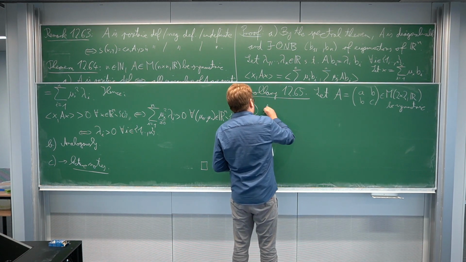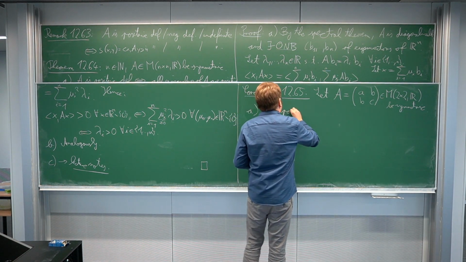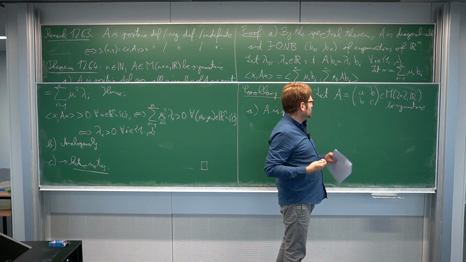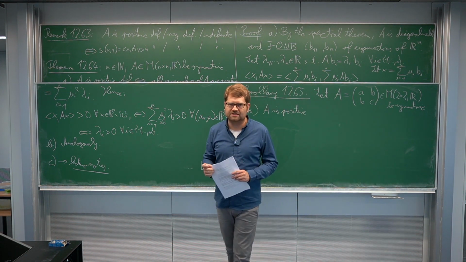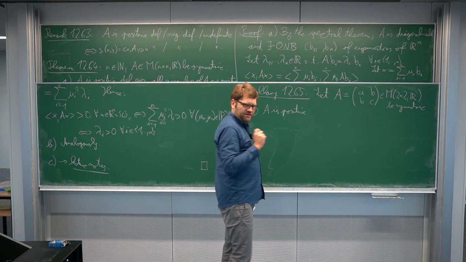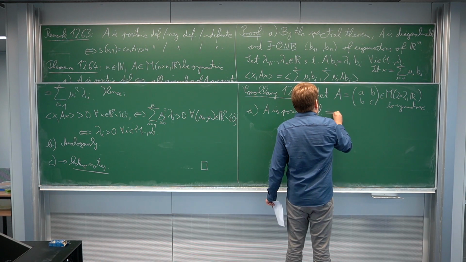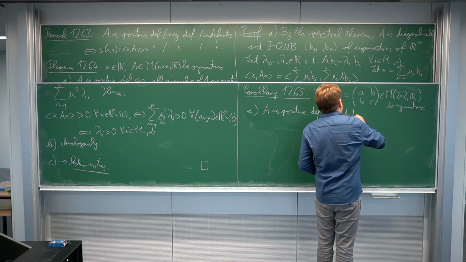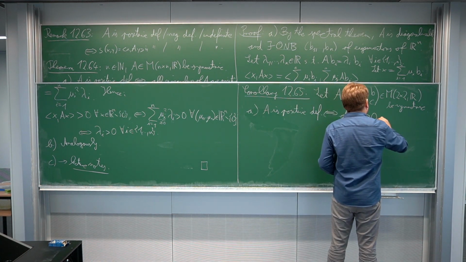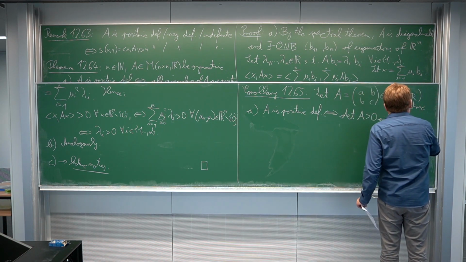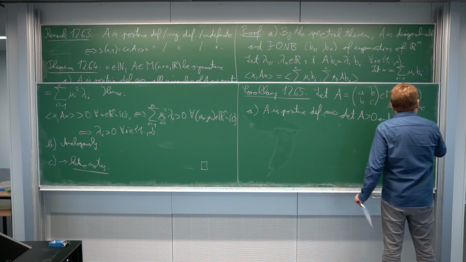Now, you can see that in this particular case, if you do a bit of computation, basically you compute the characteristic polynomial of this matrix, which is not at all complicated, and you do some computations with this polynomial and solutions of quadratic equations. Then you see that A is positive definite if and only if the determinant is positive and the sum of the entries on the diagonal, a plus c, is positive.